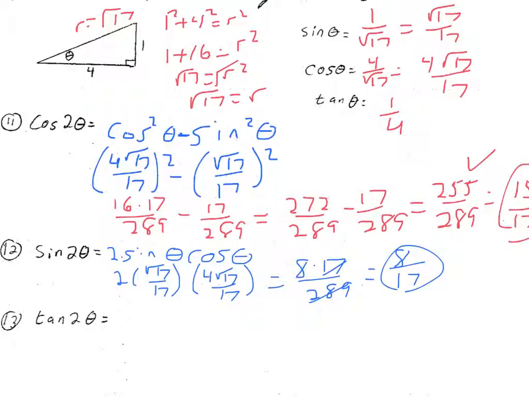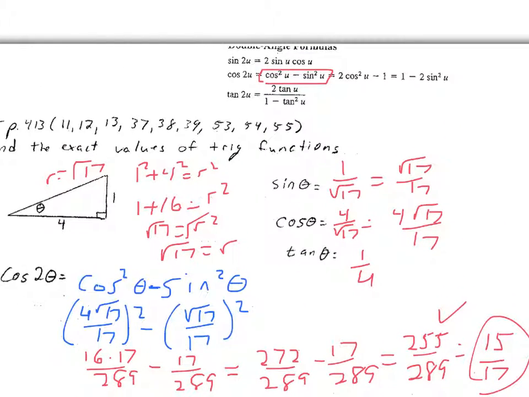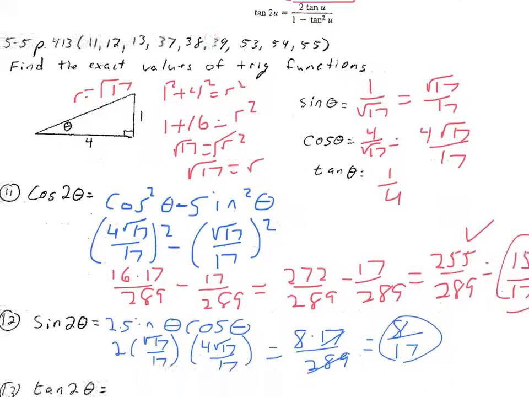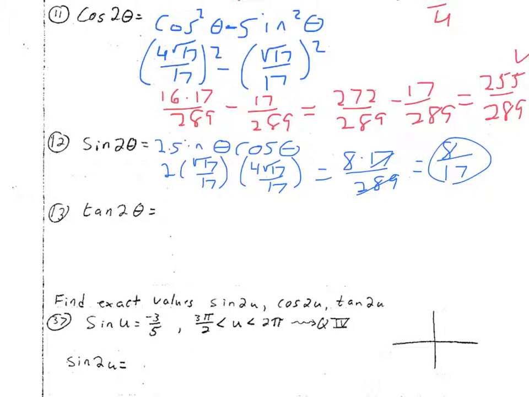For the last one of this set, we have the tangent of 2u. So I come up here and I take my tangent formula. So we'll have to write that down. In the tangent formula, we have 2 tangent, and I'm going to use the theta again instead of the u. 2 tangent theta over 1 minus tangent squared theta.